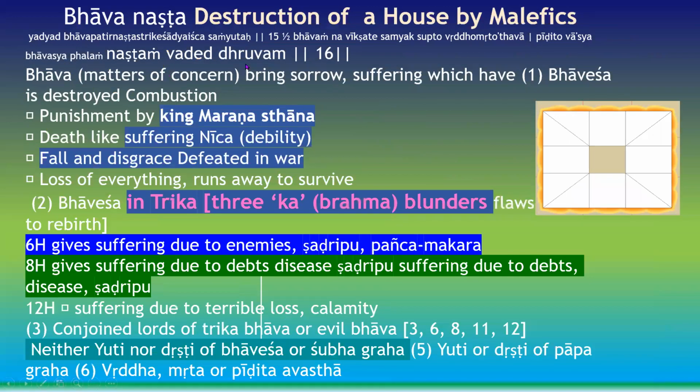So what about the malefics? Okay, now the matters concerning that particular bhava will bring sorrow and suffering if the bhavesha is in combustion. That means it is too close to the sun. The degrees we have already done.